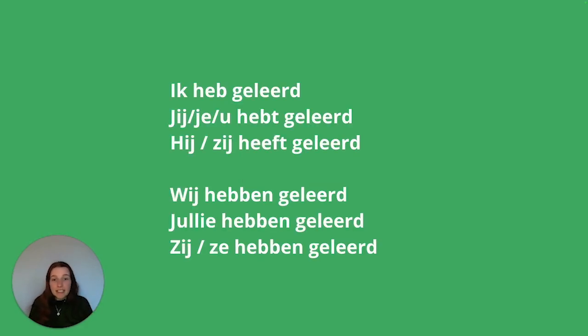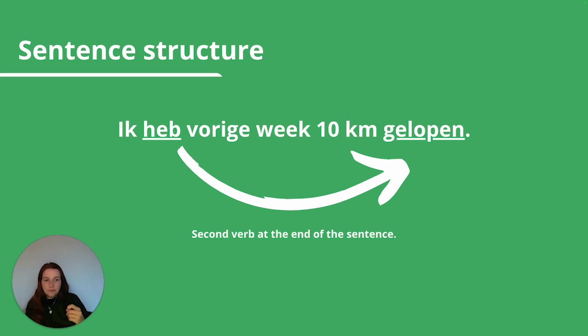So the solution is: ik heb geleerd with a D, because the R from leer, the stam leer, is not in 'soft ketchup', so it's going to be conjugated with a D. Ik heb geleerd, jij, u hebt geleerd, hij, zij heeft geleerd, wij hebben geleerd, jullie hebben geleerd, zij, ze hebben geleerd.